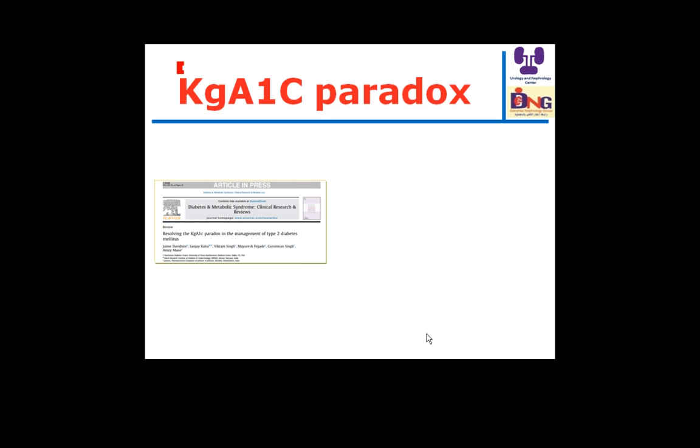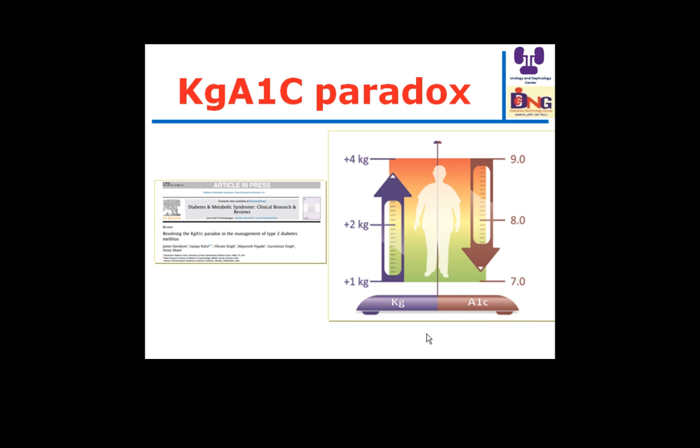Regarding metabolic aspects of sodium glucose cotransporter 2 inhibitor, what's meant by the HbA1c paradox? The HbA1c paradox is a paradox that is already known in diabetes management. If you use a drug that is potent and effective in reducing hemoglobin A1C, one of the main problems is that this drug will increase weight gain, like sulfonylurea.